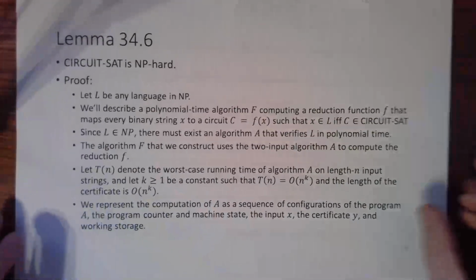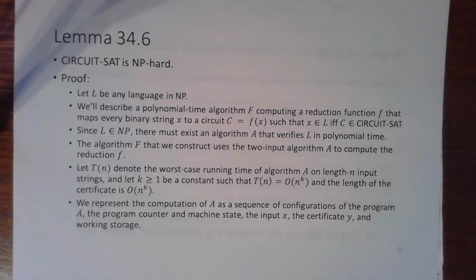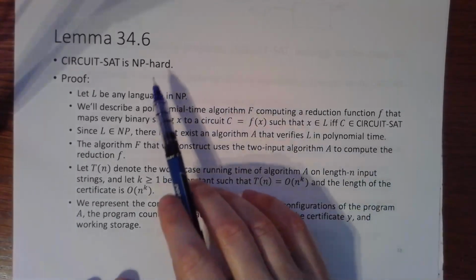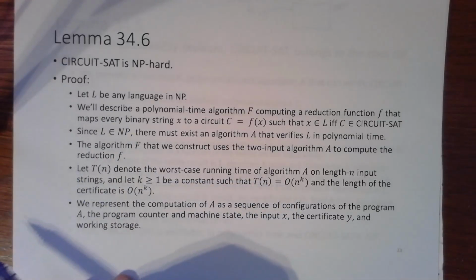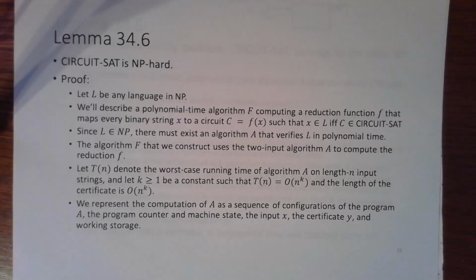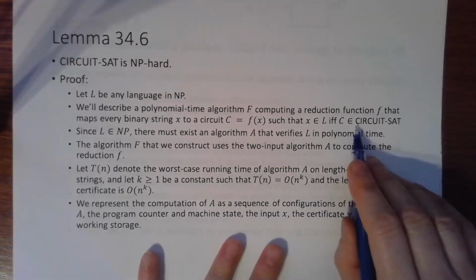The next thing we need to do now is show that circuit satisfiability is NP-hard. For NP-hard, we have to show that any language in NP can be mapped to circuit satisfiability.